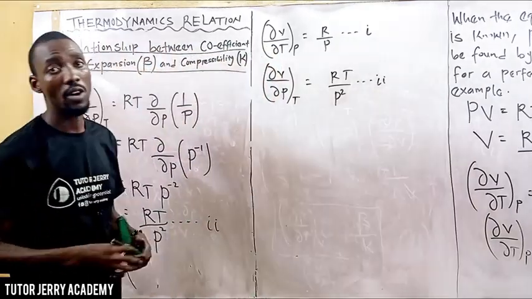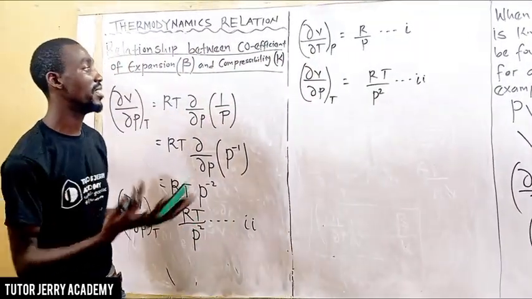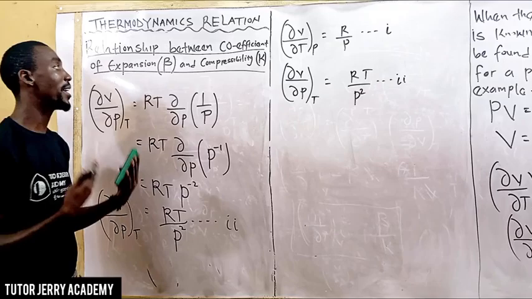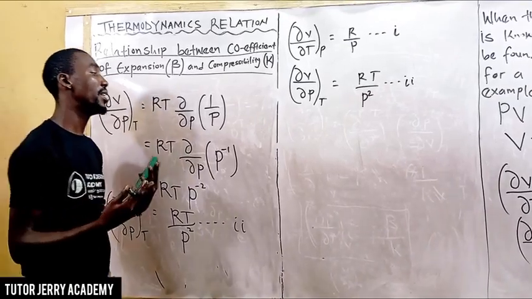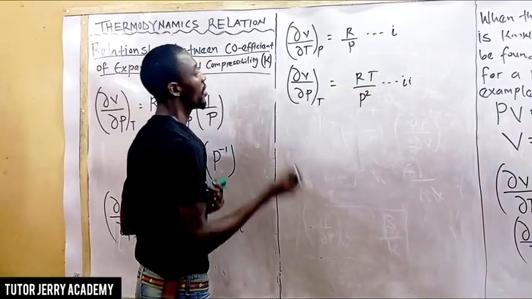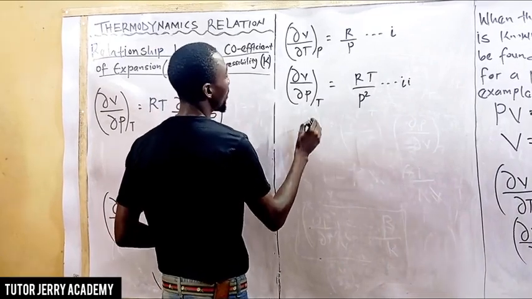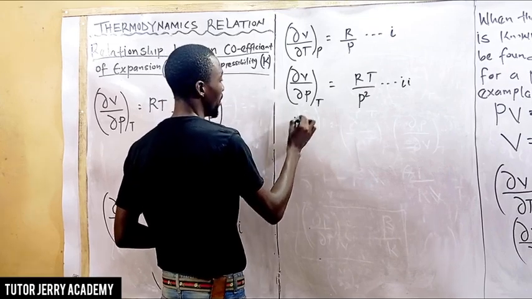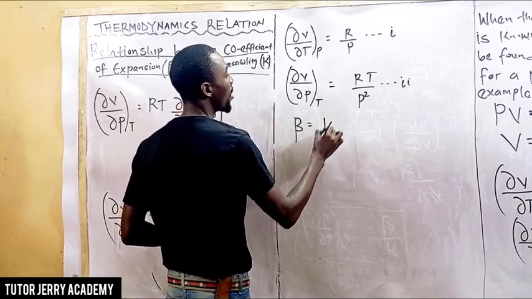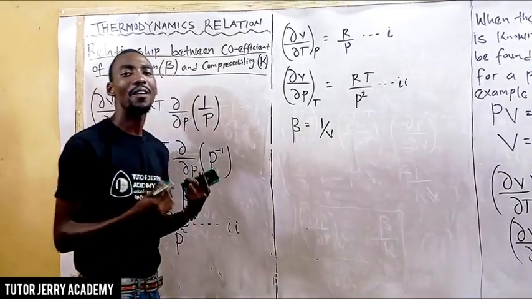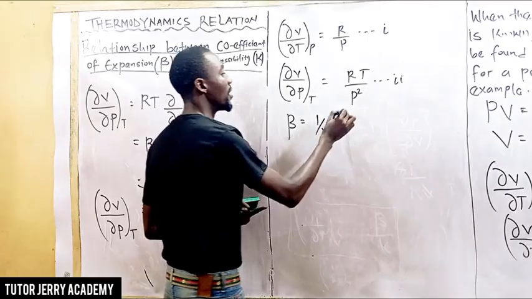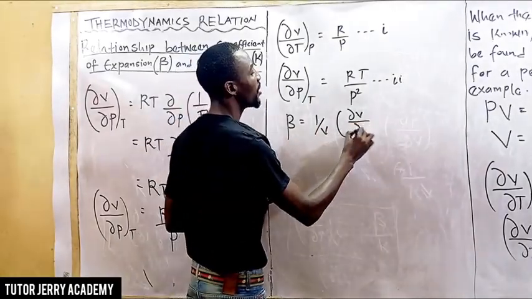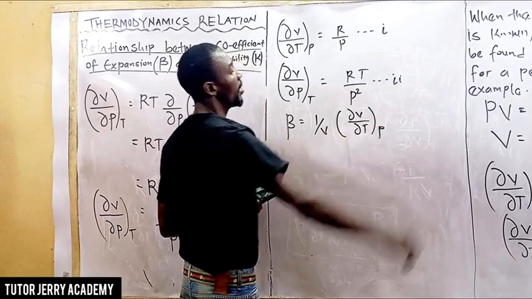Now, you are going to recall carefully. We want to relate this now to the coefficient of expansion and compressibility. All right, we just stated that our coefficient of expansion, beta, is equal to 1 over V into the partial differentiation of V over the partial differentiation of T, keeping P constant.